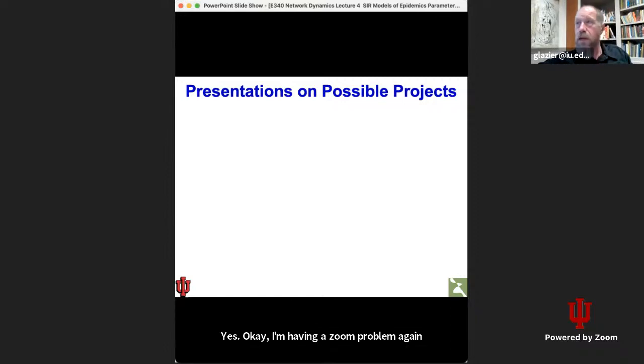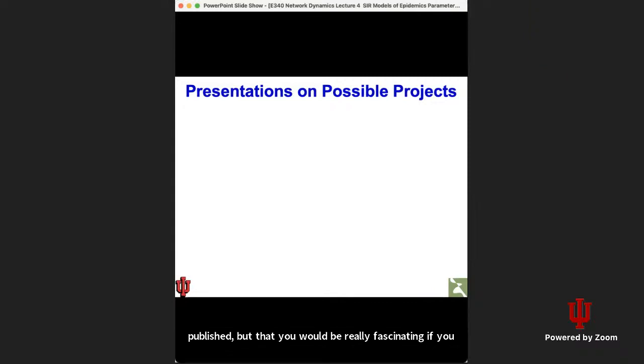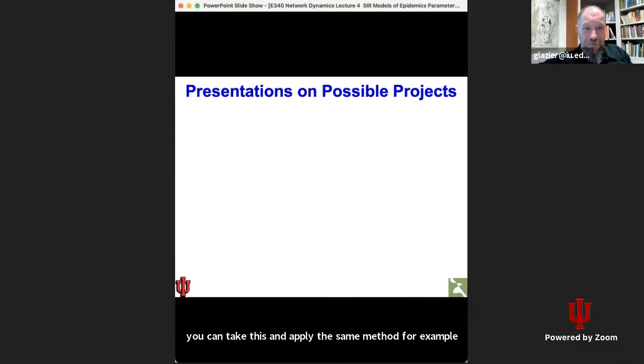So that's great. Potentially you could use those methods on some of the models that some of the other students are doing. I think the thing to do is to start with a data set and a model that is established and published. But then it would be really fascinating if you could take this and apply the same method, for example, to the co-infection model, or to one of the other in-host models, the human hepatitis C virus, for example.